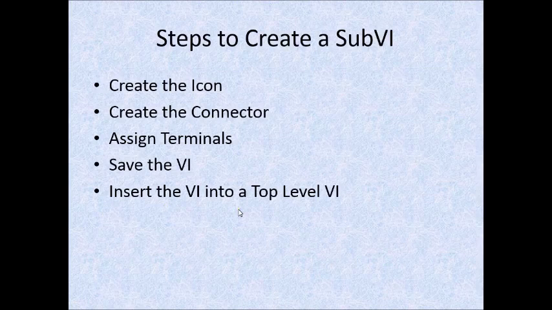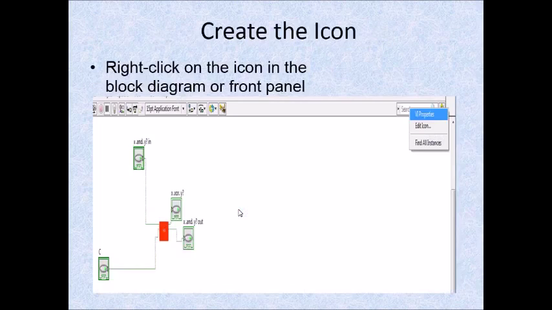So let's come to the first part, that is creation of icon. As said earlier, the icon is at the rightmost place. So here you will get the icon palette.